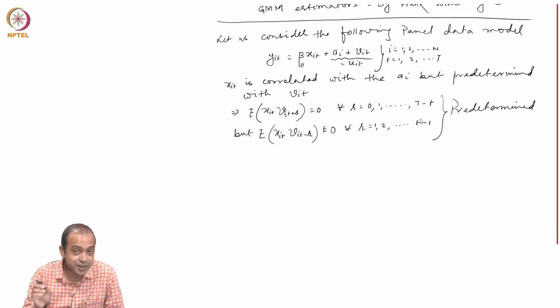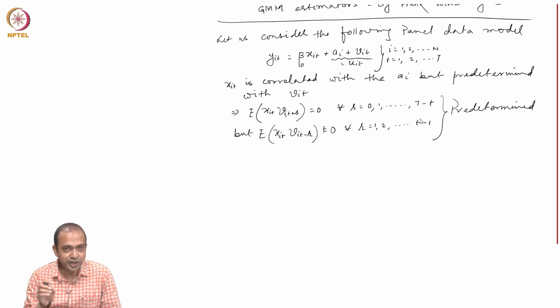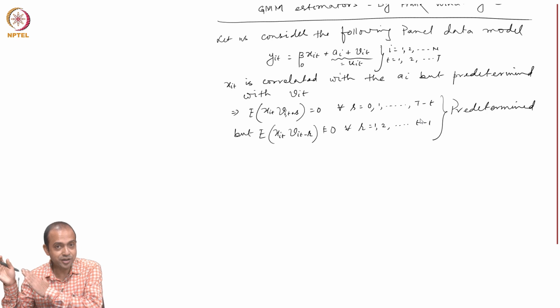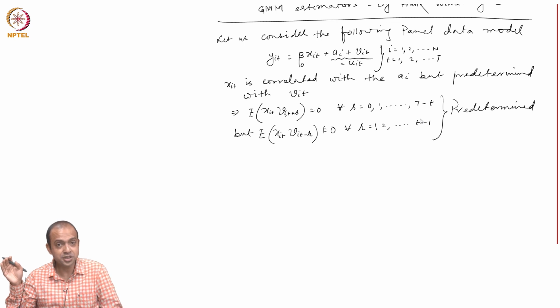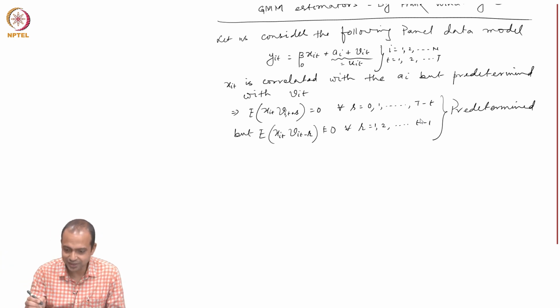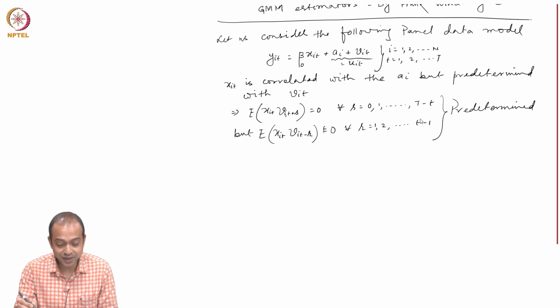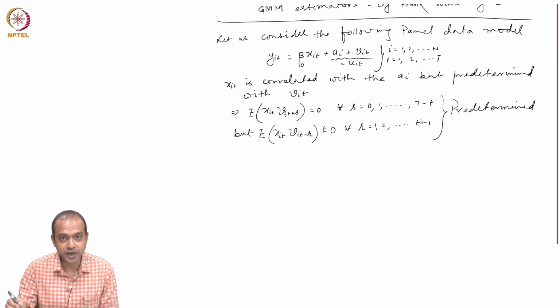So, if you recall, we started our discussion of dynamic panel data model assuming that we have a right hand side explanatory variable which is not strictly exogenous. That means it is predetermined or endogenous. If that is the case, in place of x_it you can very well assume y_i,t minus 1.